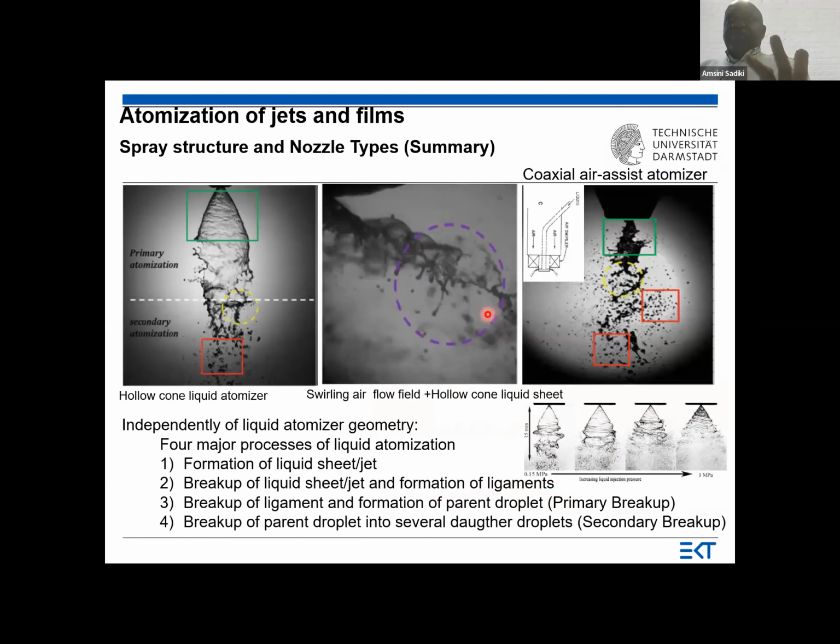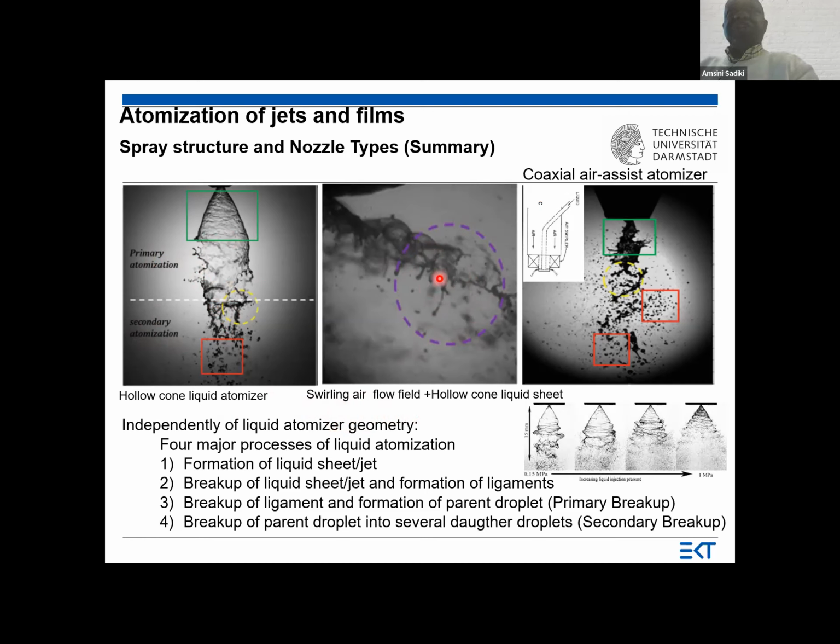So now I make a short summary. I have shown you the evolution, or the building, of the spray structure of a hollow-cone liquid atomizer. And we have these two domains: the primary atomization here and the secondary atomization. And also I showed you the evolution of the spray structure for swirl airflow field plus hollow cone.